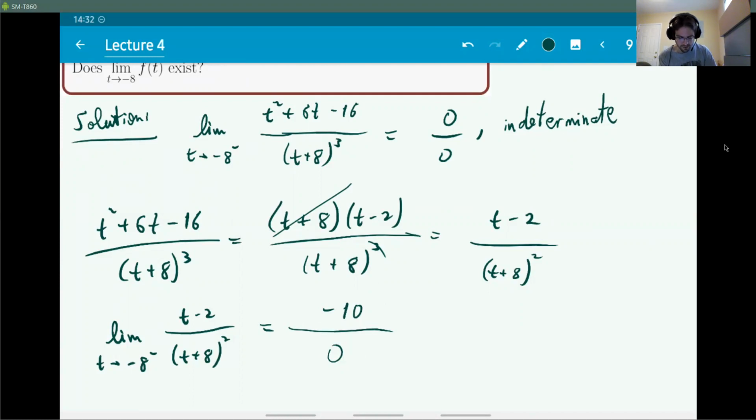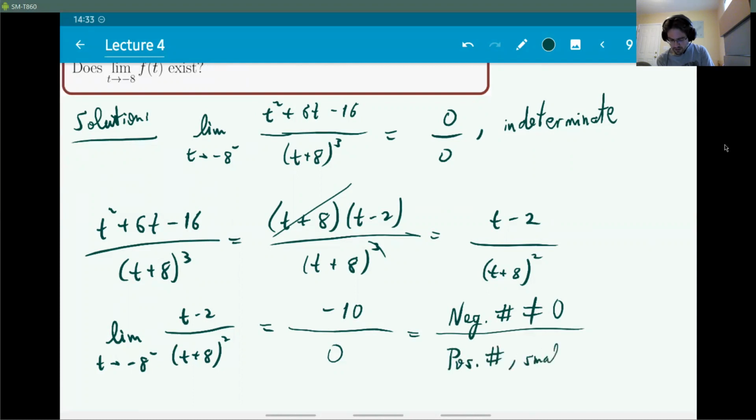Well, t plus 8 squared. Because of the square there, this is going to be positive. So you can say this is a negative number, different from 0, divided by a positive number, and small, approaching 0, whatever you want to write here.